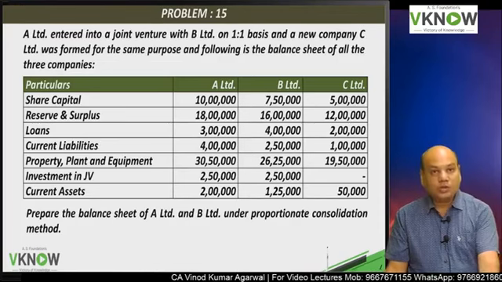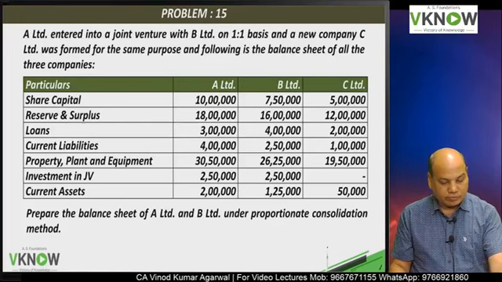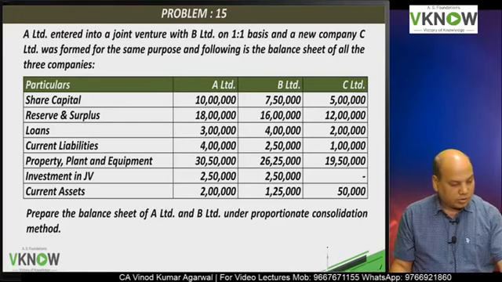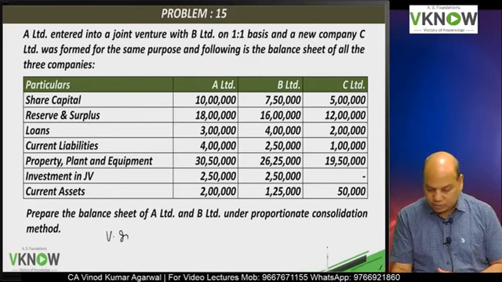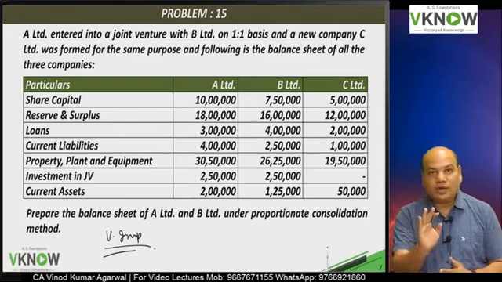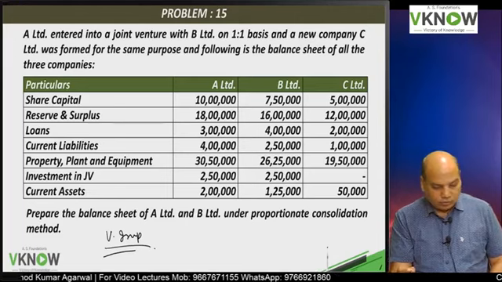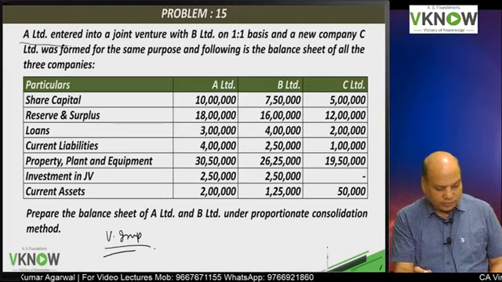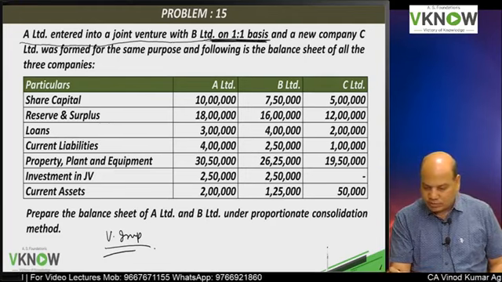Now we'll come to question number 15, which is from your study material, which is from Institute's study material. Very important, because all study material questions are important, and you will find it is very similar to the one I have solved. A Limited entered into joint venture with B on 1:1 basis.